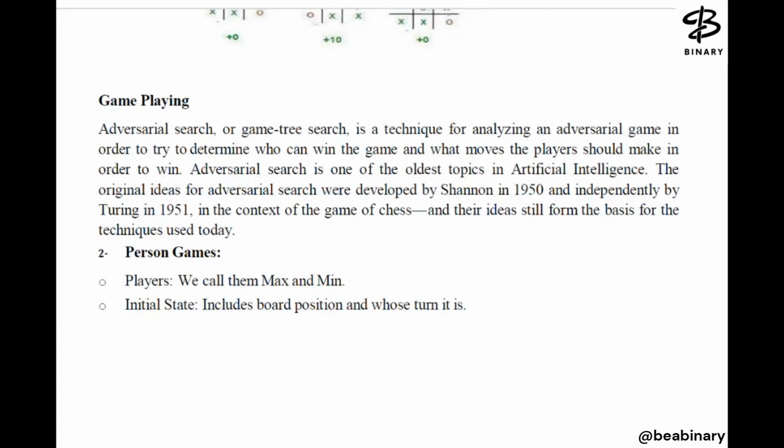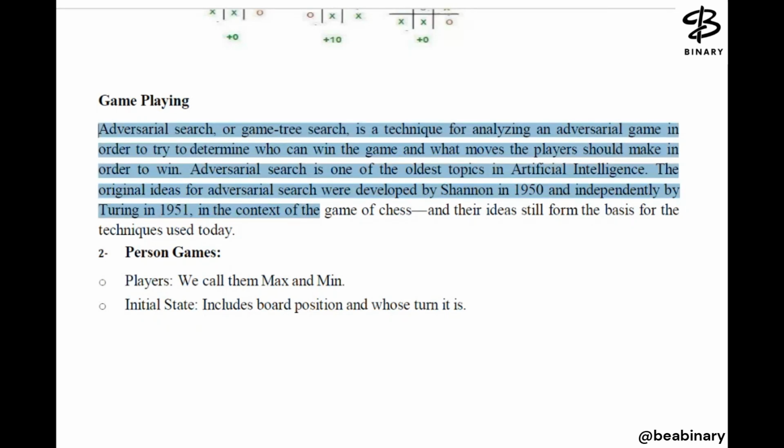So what comes under game playing? Adversarial search or game tree search is a technique for analyzing an adversarial game in order to determine who can win the game and what moves the player should make in order to win. So predictions are involved, and we are talking about the strategies to be made according to the opponent.